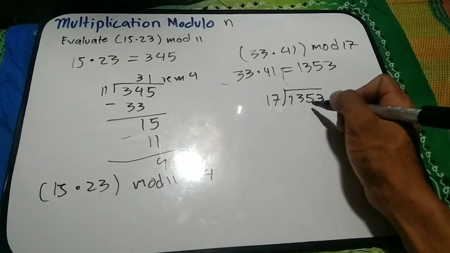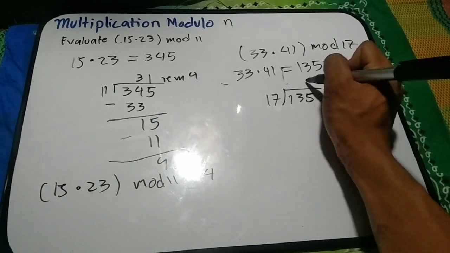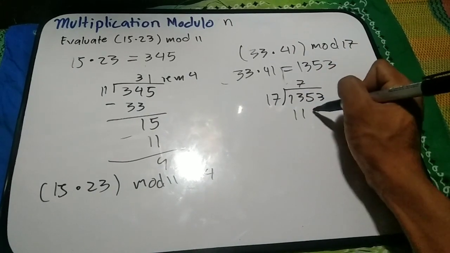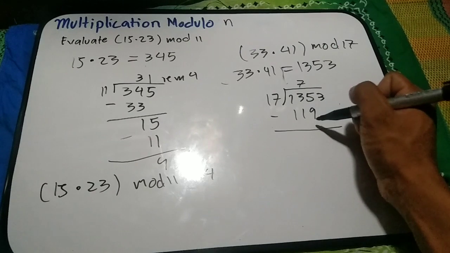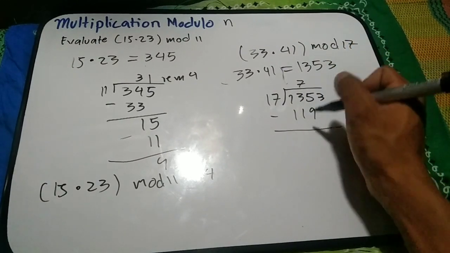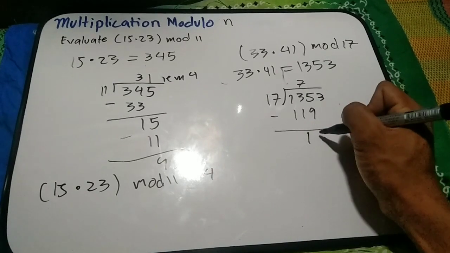17 divided into 135 is 7. 7 times 17 is 119. Subtract 119 from 135, that is 16.